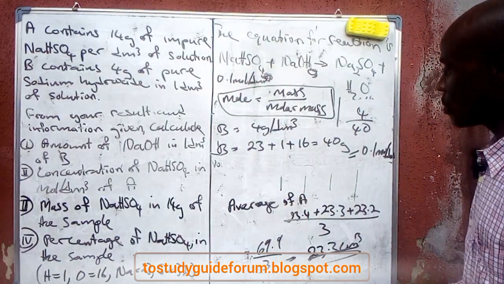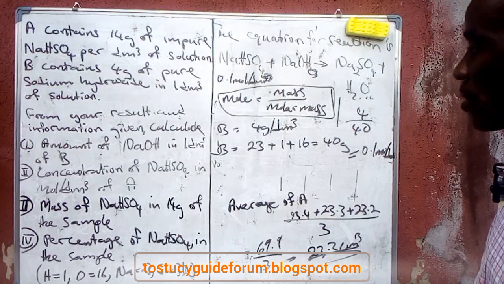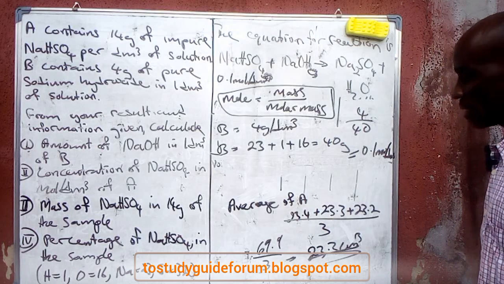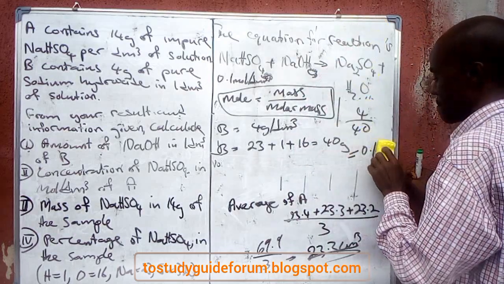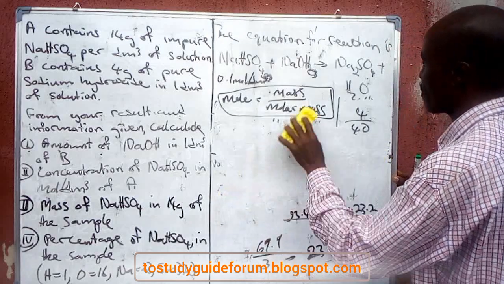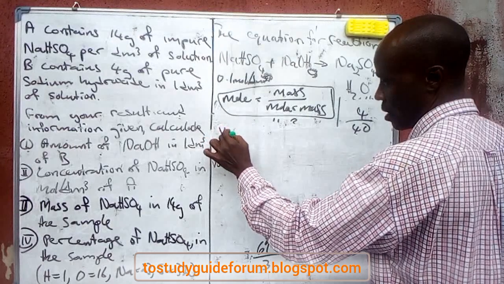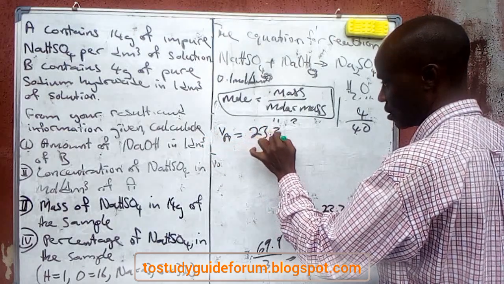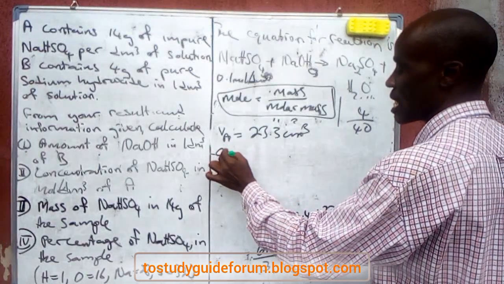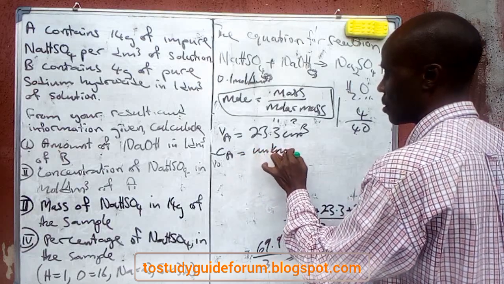The next thing, the question said we should calculate the concentration of sodium hydrogen tetraoxosulfate(VI). To calculate that, I think I should keep these things here so that we will not miss them out. We'll have everything we need. The average volume of A is 23.3 cm cube. The concentration is unknown.